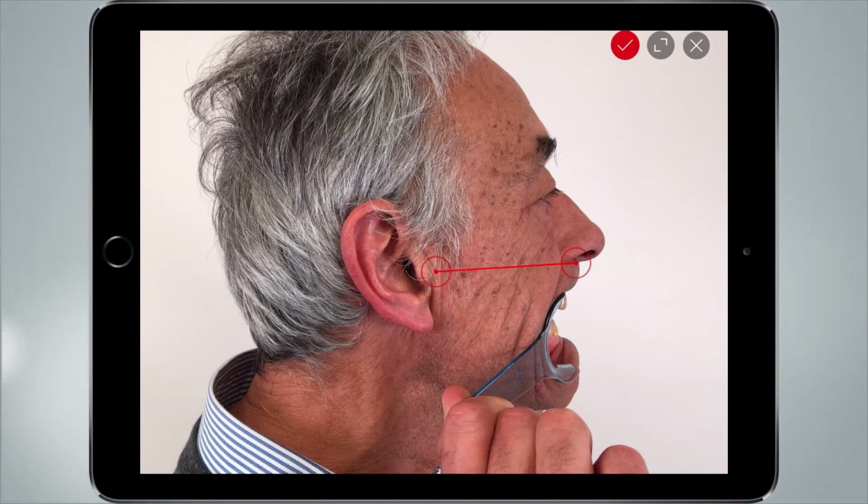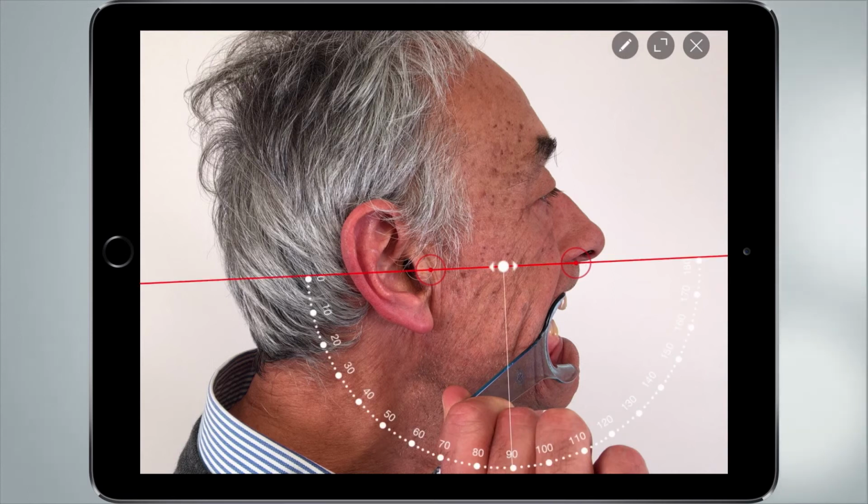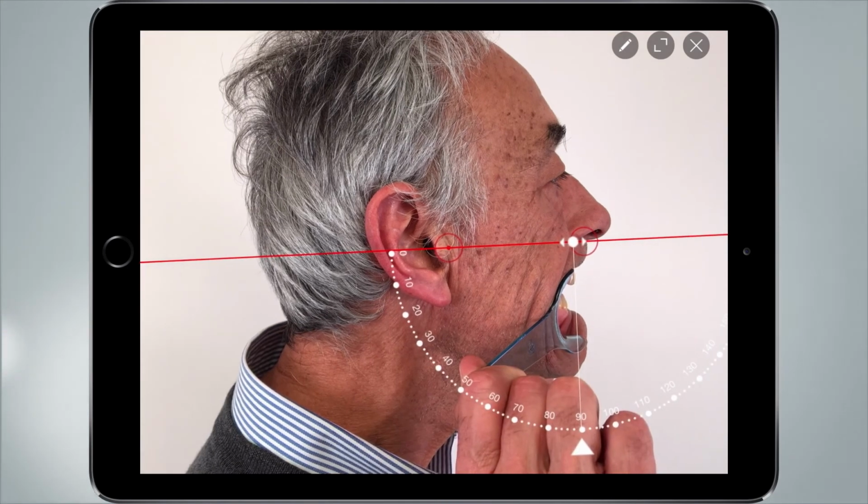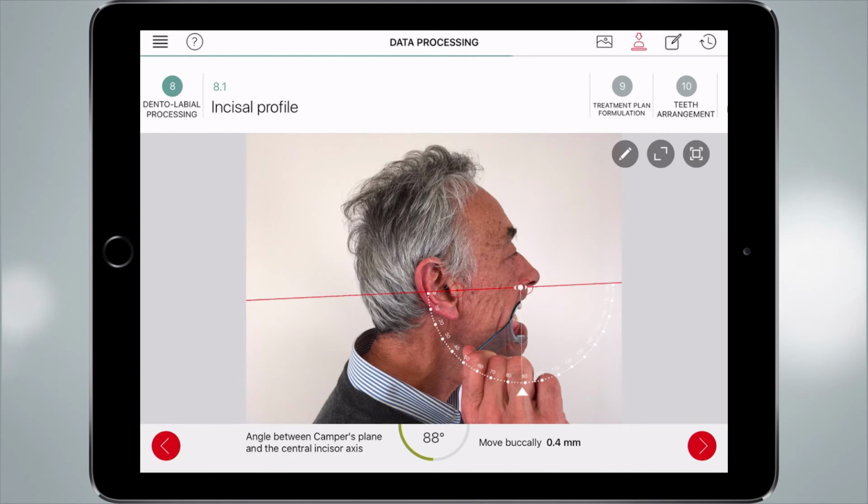Now, if you push the red button on the upper jaw, on the upper right, you can see that it will be a tiny bit more in. It is like 80 degrees.